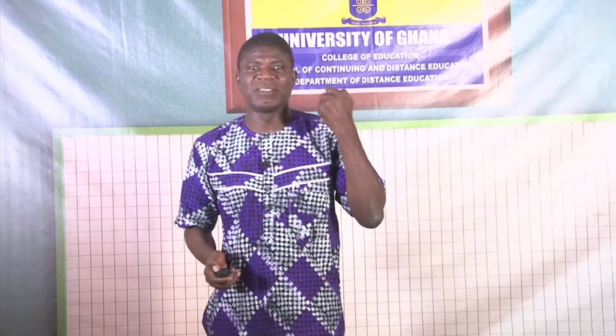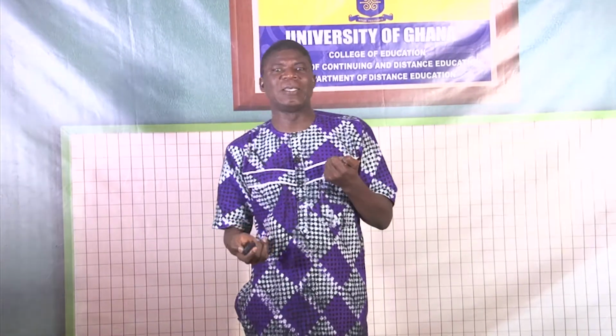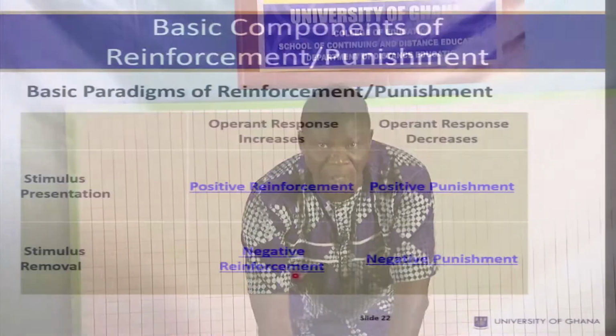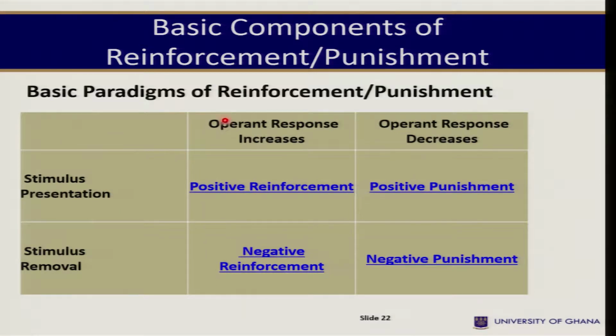So it's negative punishment, removing something pleasant from the environment so that you minimize the occurrence of certain behaviors. So in terms of the table, we just want to look at the summary of what we just discussed about operant responses, in terms of punishment and reinforcement, whether positive or negative.